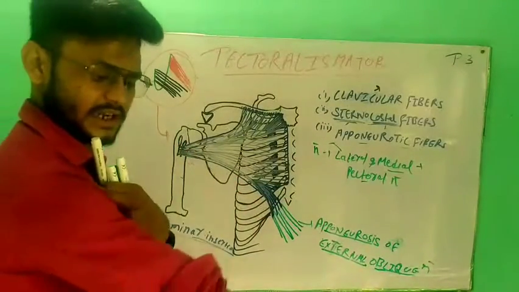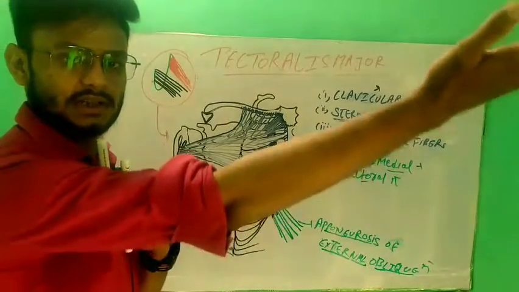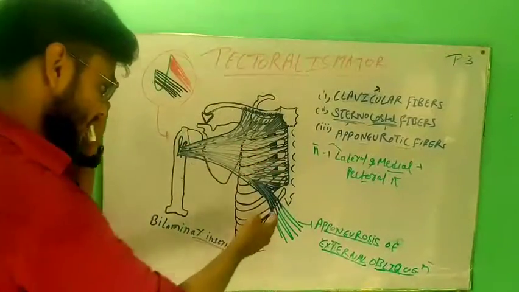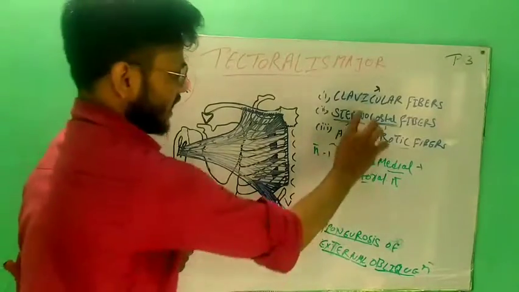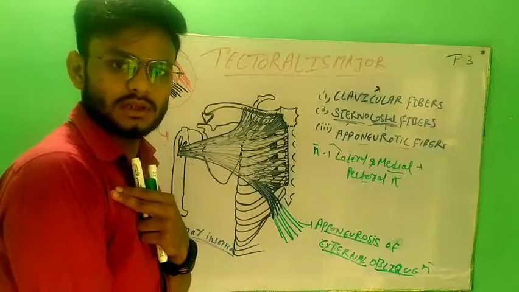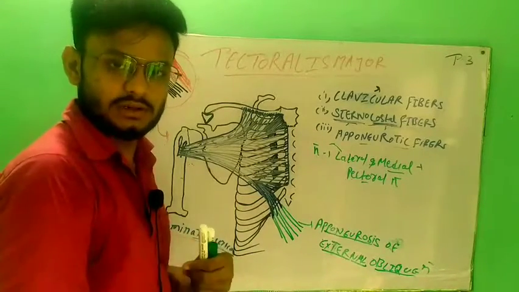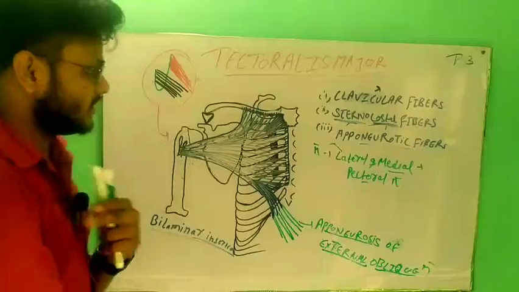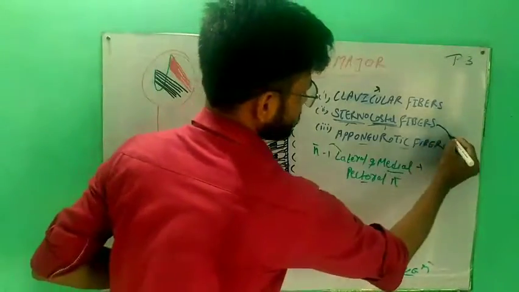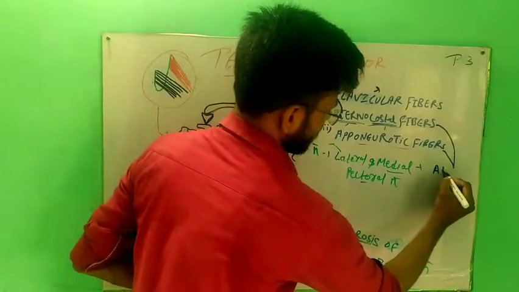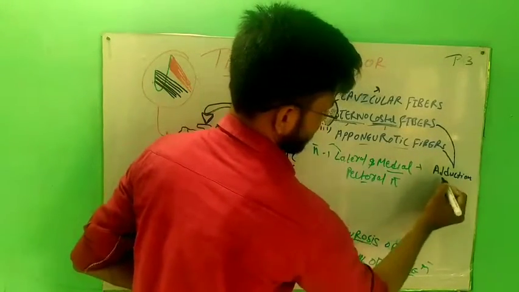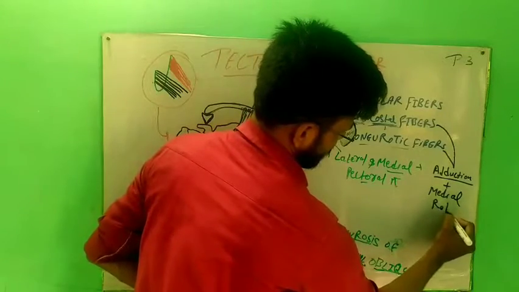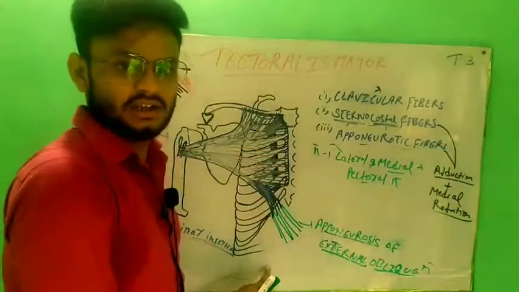The sternocostal fibers and aponeurotic fibers help in adduction, meaning towards the midline, at the shoulder joint, plus medial rotation at the shoulder joint.